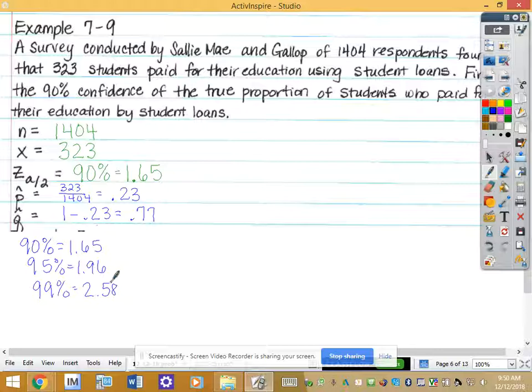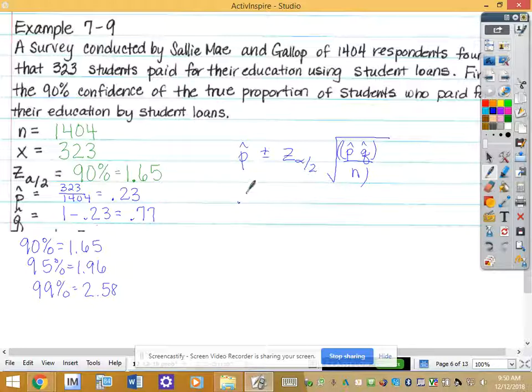Okay, so let's fill in the formula. We have p hat plus or minus z of alpha over 2 to the square root of p hat times q hat over n. Remember, we're going to take care of our parentheses.